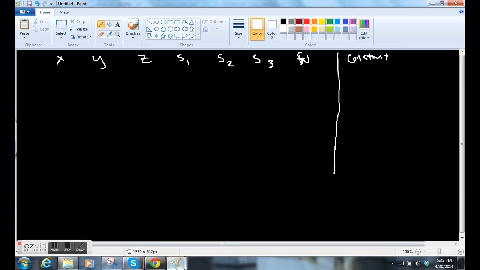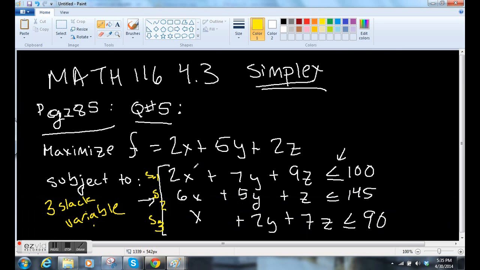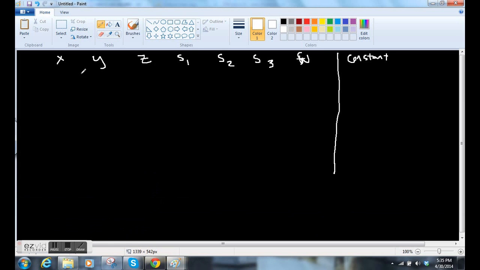Now we're going to do the rows. The first row is the coefficients of the first inequality. So it's 2 times x, 7 times y, and 9 times z: 2, 7, 9. Then slack variable 1 goes with the first inequality, so it gets a 1, and then you have 0, 0.